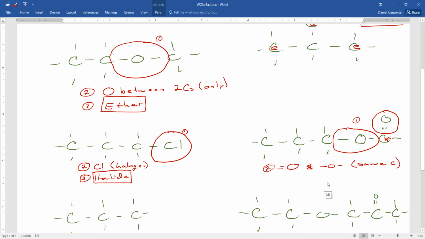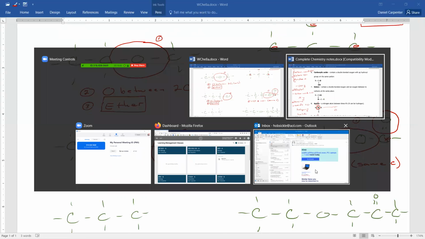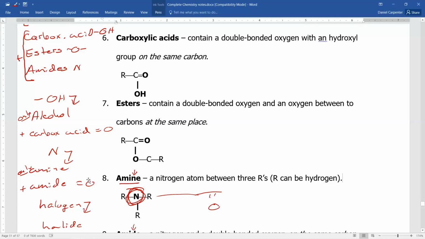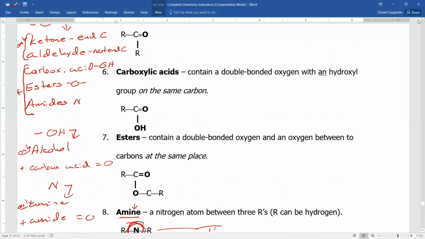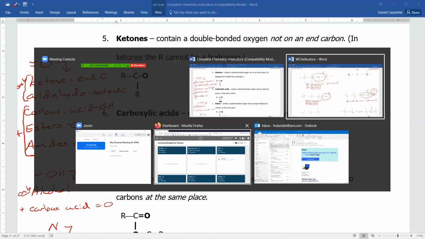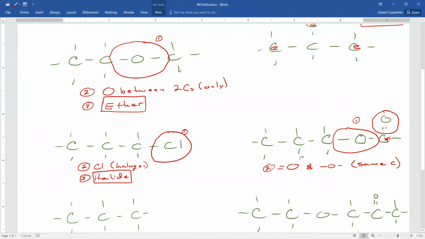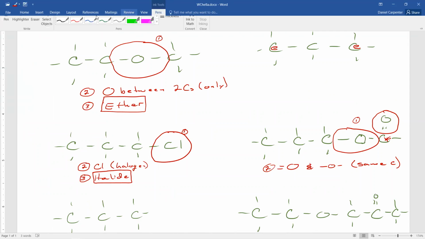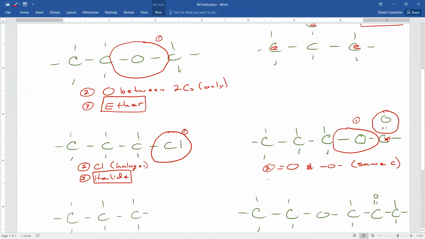And let's see. If we looked at this, if that helps you at all, double bonded O plus an O between 2 C's makes it an ester. So number 3, this would be an ester.